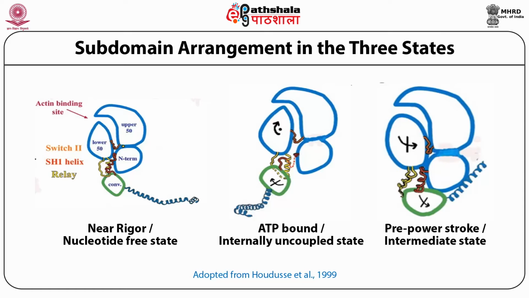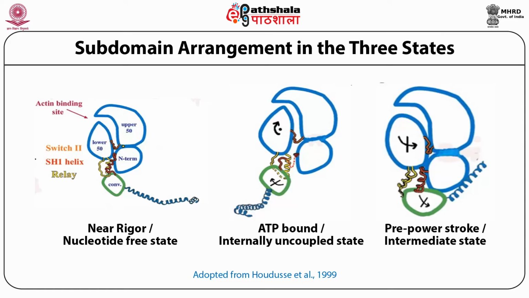To understand the power stroke, you need to understand these 3 different states. In the nucleotide free state, you have upper 50, lower 50, N-terminal and converter in a most relaxed state where the nucleotide could be exchanged. Once the ATP is bound, you see an internally uncoupled state.